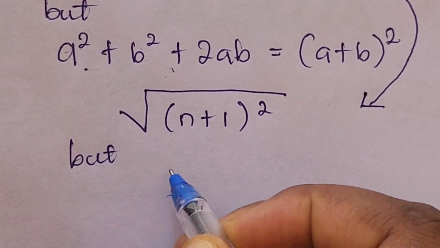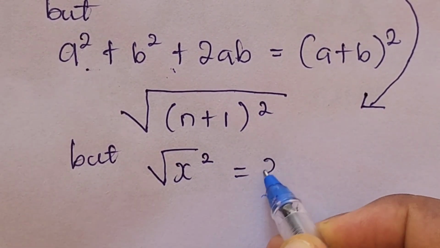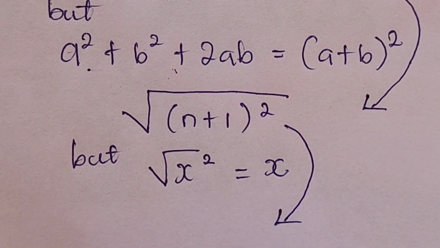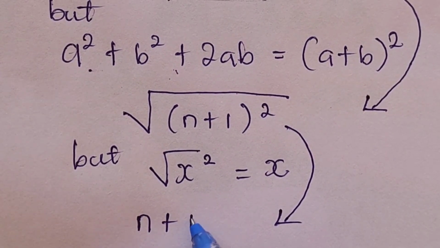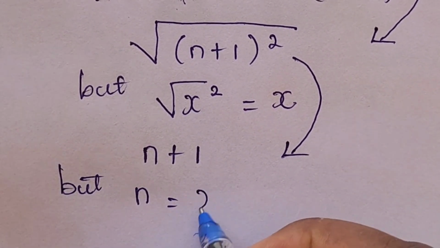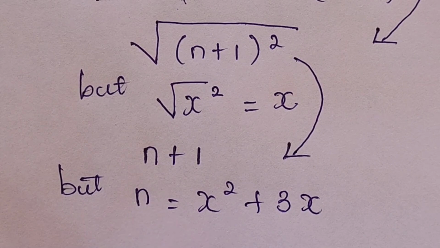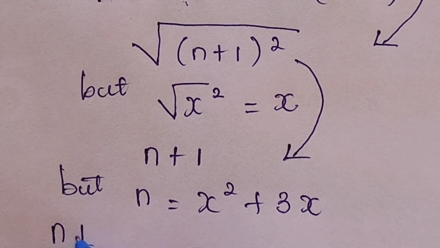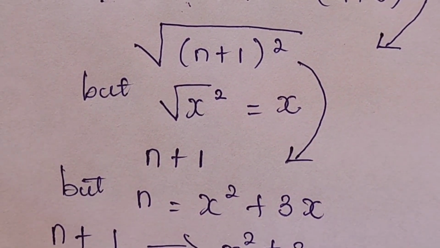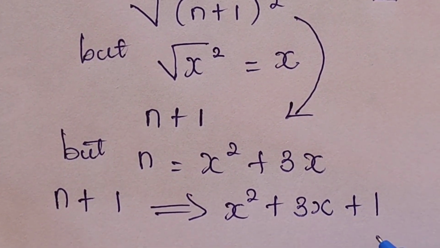But let's recall that the square root of x to the power of 2 is the same as x, so this becomes n plus 1. But our n is equal to x squared plus 3x. So n plus 1 becomes x squared plus 3x plus 1.